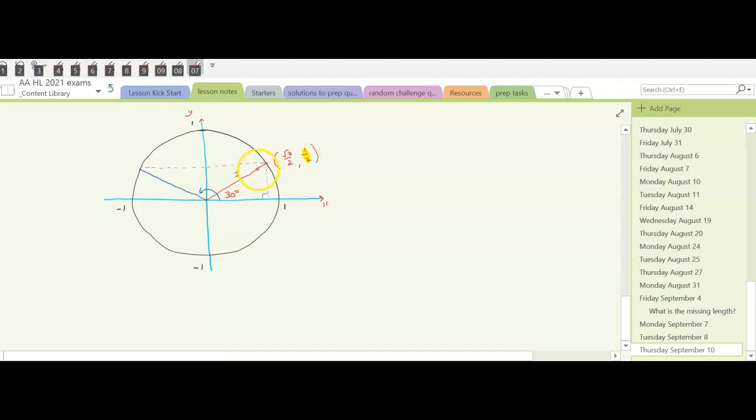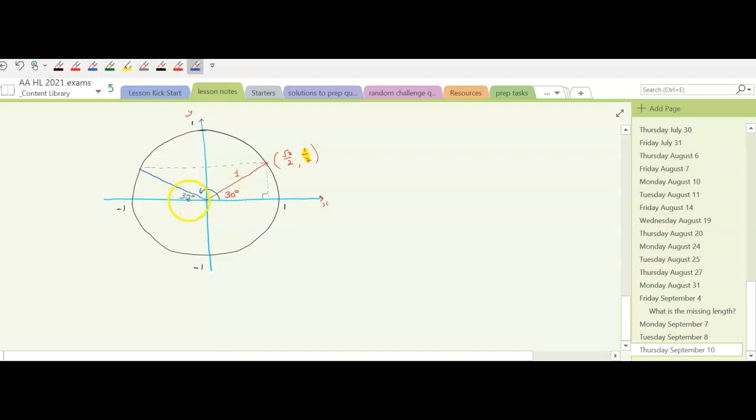Okay, so the symmetrical properties: I've reflected this red line and the blue line has emerged. I've reflected in the y-axis, so this 30 degree angle in here is held. The associated acute angle in the first quadrant is 30.